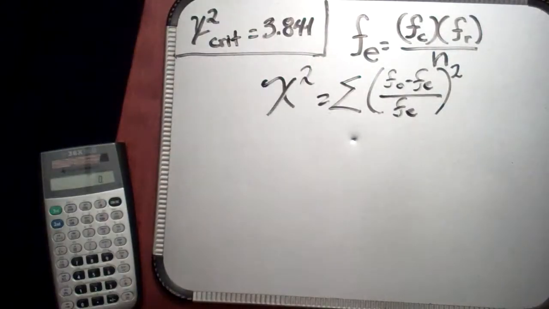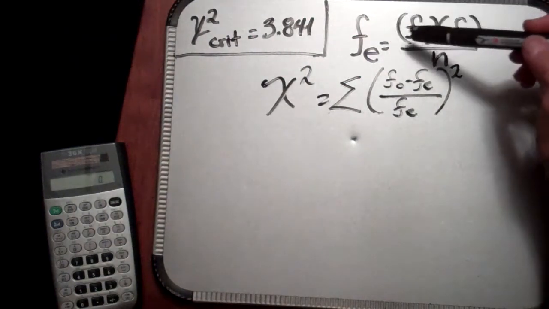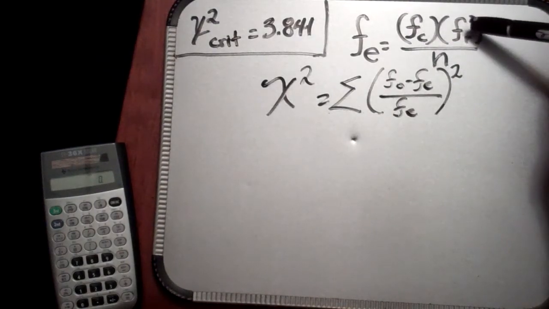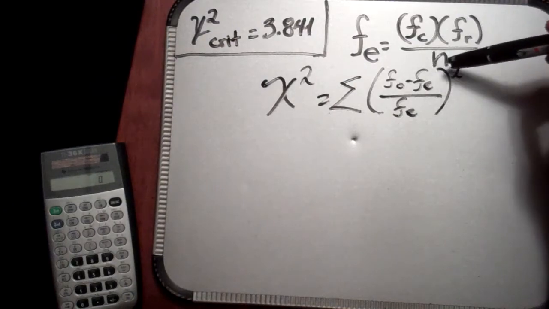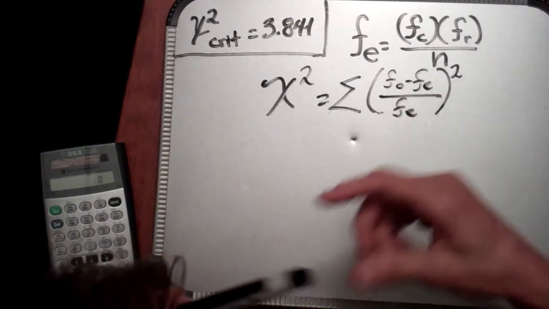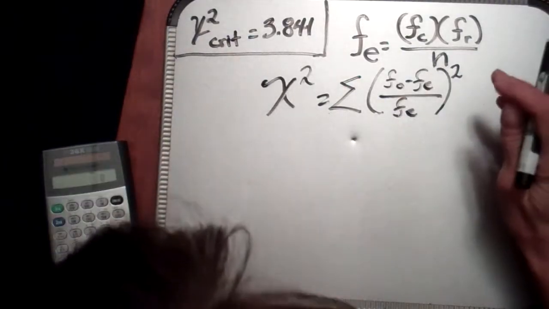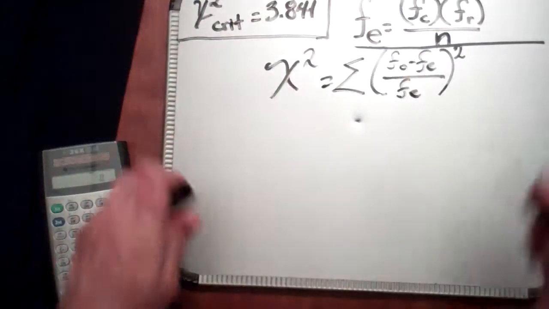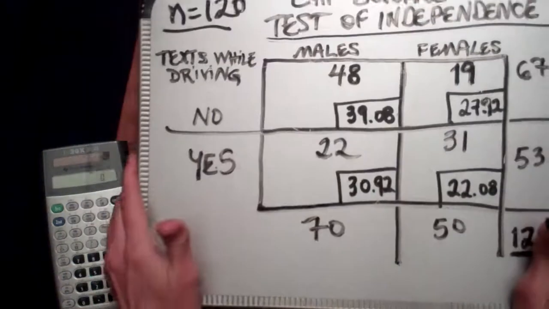Well, this is calculated by multiplying the column frequency times the row frequency and dividing by the n. These formulas ran together a little bit, so let's draw a line here so it's very clear. This is n. This belongs down there.